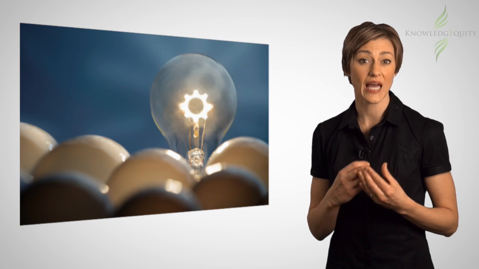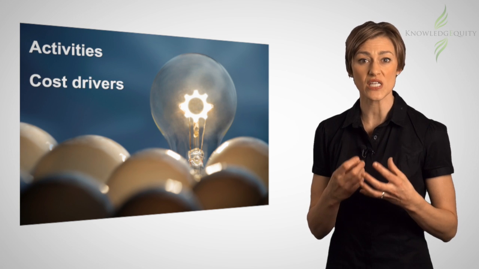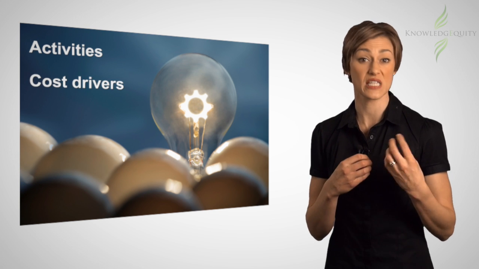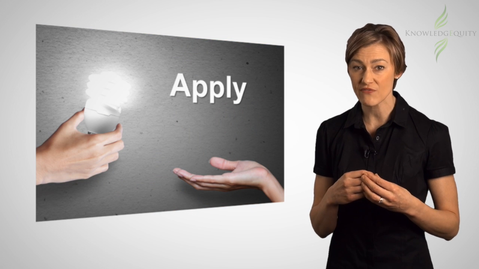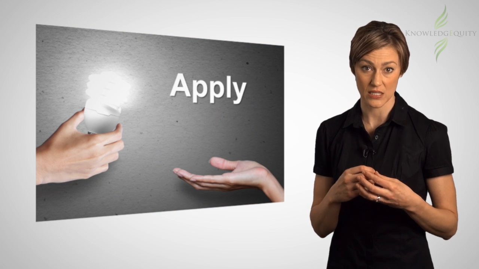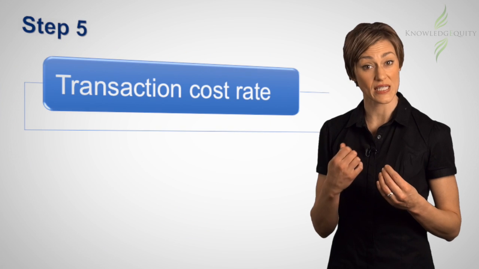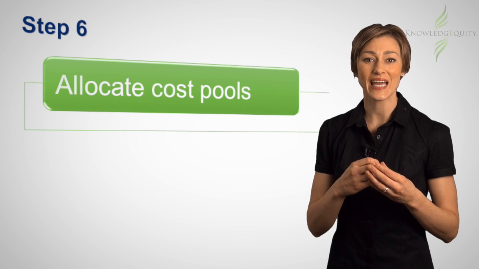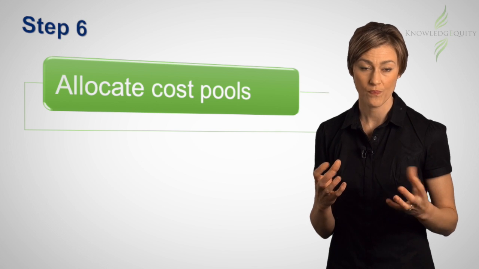But you still need to understand the key principles that relate to choosing activities and the underlying causes or drivers of indirect costs attributable to these activities. And you must be able to apply this information in a costing exercise. That is, you need to be able to perform the mathematical calculations to determine the transaction cost rate and to allocate cost pools across the identified products or processes.